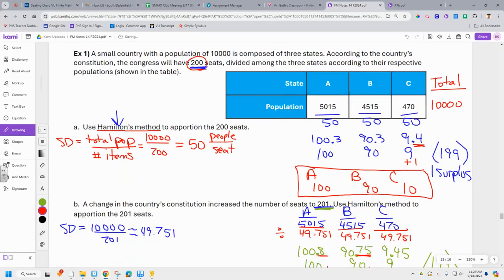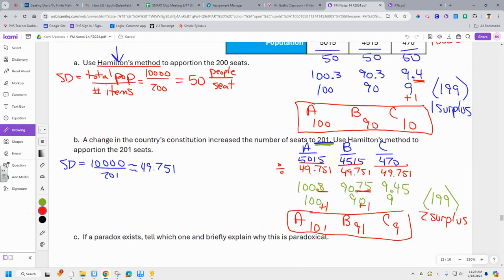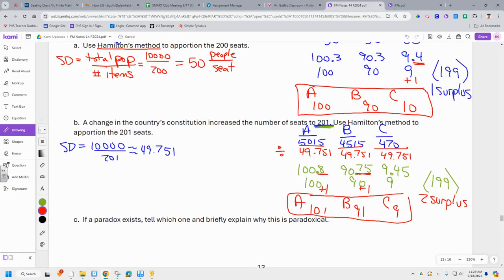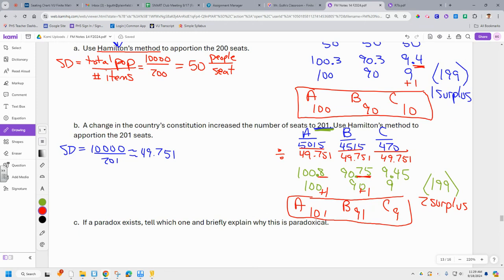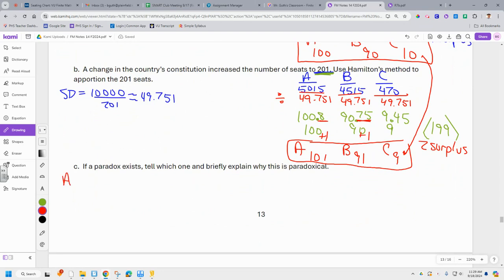Check it out. We increased the number of items to be apportioned, but C went from 10 to 9. That seems like a problem. That's a paradox. That is the Alabama paradox. As far as explaining this, you almost want to just reword the definition.